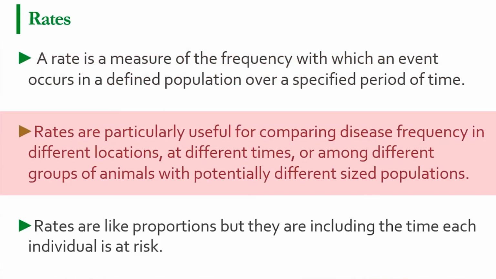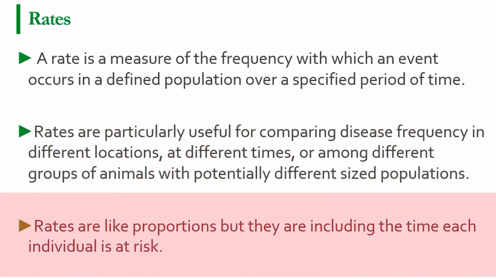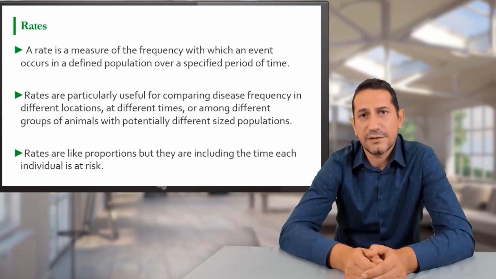Rates are usually useful to compare disease frequencies among different populations of different sizes, in different locations, and in different time periods. So those are very much used in veterinary epidemiology. Rates are like proportions in terms of computation, in terms of mathematics, but as we said, they include the time component.